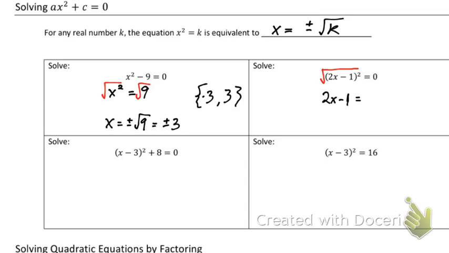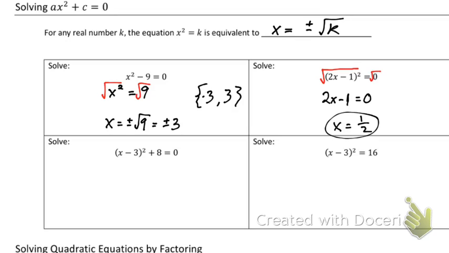Well, what I do to one side, I have to do to the other side. So we'd have the square root of 0. The square root of 0 is just 0. So now we just have to solve for x, which would be adding 1 to both sides and then dividing by 2. So we just have x equals 1/2. In this case, there is just one answer.